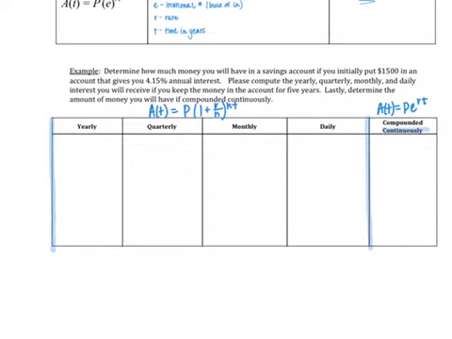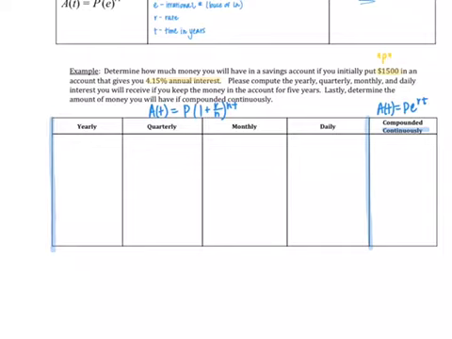All right, so what I'm going to do is highlight the important information real quick in the problem. So it says that we put $1,500 in. That's my A or my P, okay? So it's your initial amount either way. It's A in the original and we call it P in the second. So let's just note that those are the same thing. So this is our P. Then we've got 4.15% annual interest here.